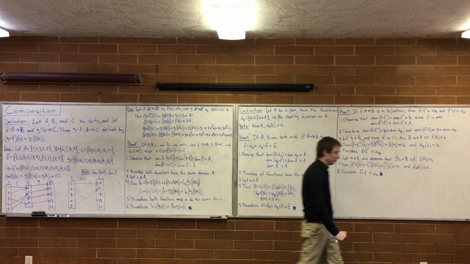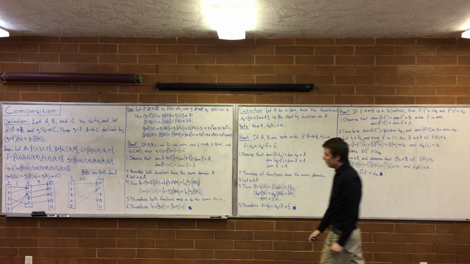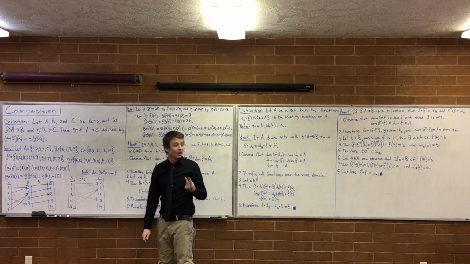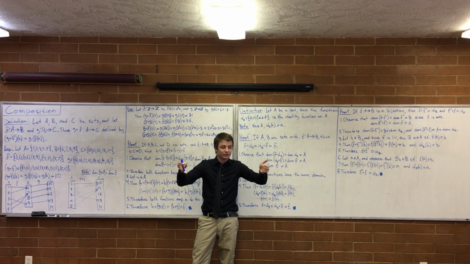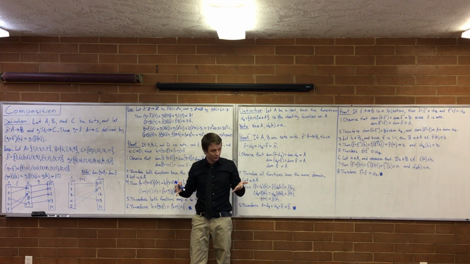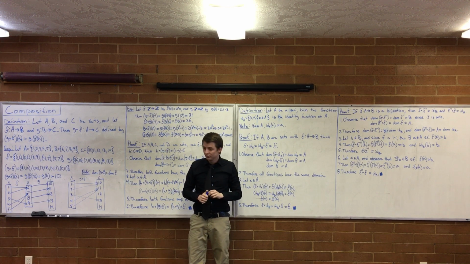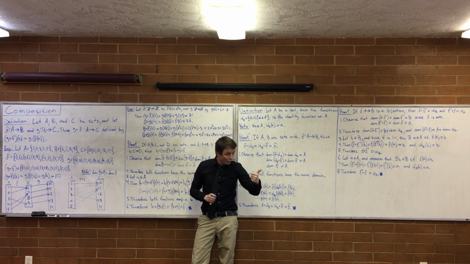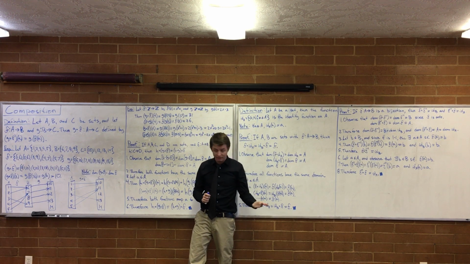Now, I think this is the first time that we're proving one function is equal to another function. So how do you prove that 2 functions are equal? Have the same domain and image. Almost. Just because I have the same domain and image doesn't mean that they're the same function, because they might map differently. So you need the same domain, and then they map the elements in the domain the same.